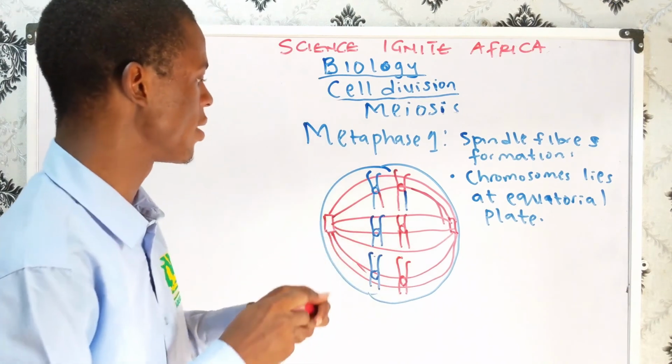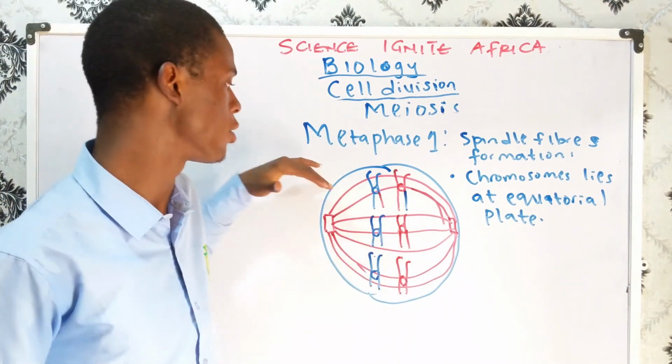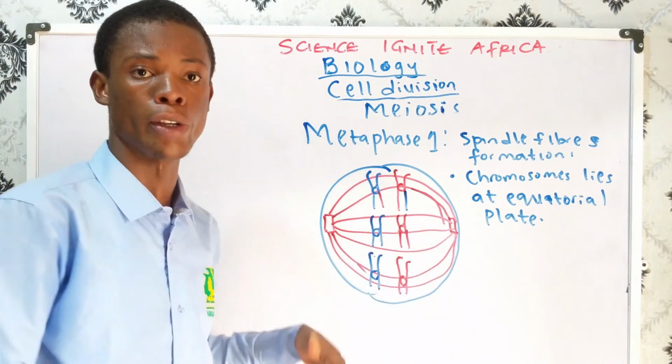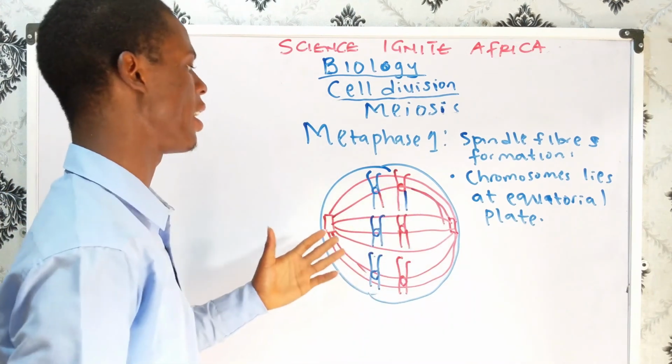Please take note, I'm just explaining the crossing over on the first set of chromosomes lying at the equatorial plate. They are the ones that have crossed and exchanged genetic information.